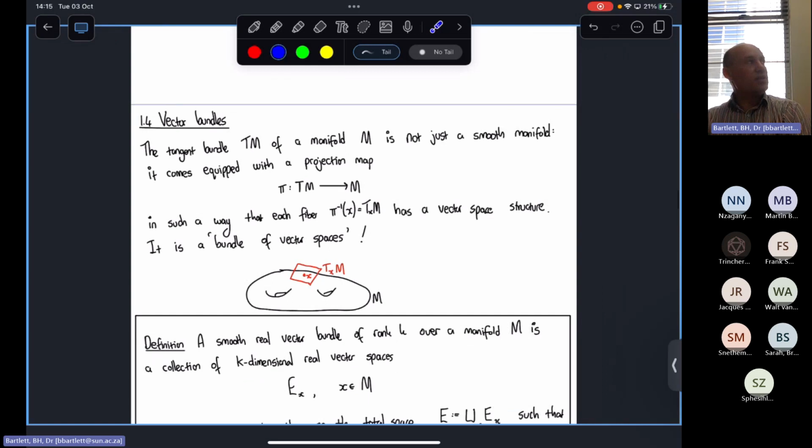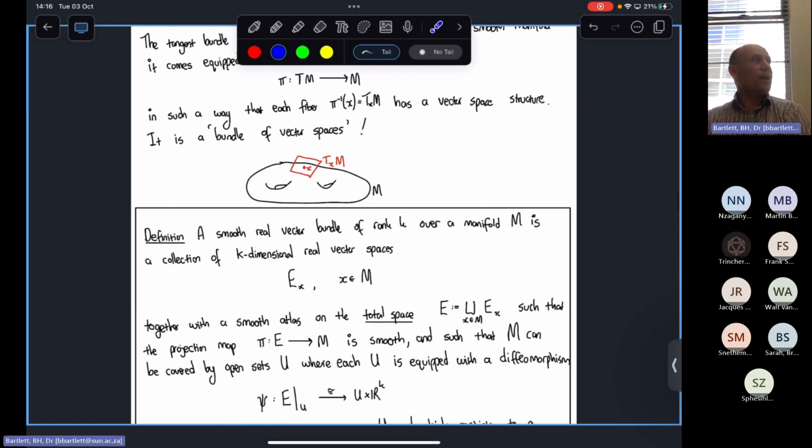Okay, and then I wanted to generalize the idea of the tangent bundle to arbitrary vector bundles. So I want to take the idea of the tangent bundle, namely it was a special kind of manifold, namely it came with a map down to the base manifold, having the property that each fiber was a vector space. So it was a bundle of vector spaces.